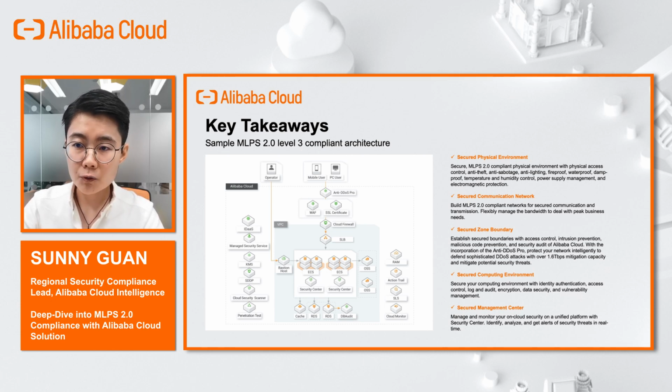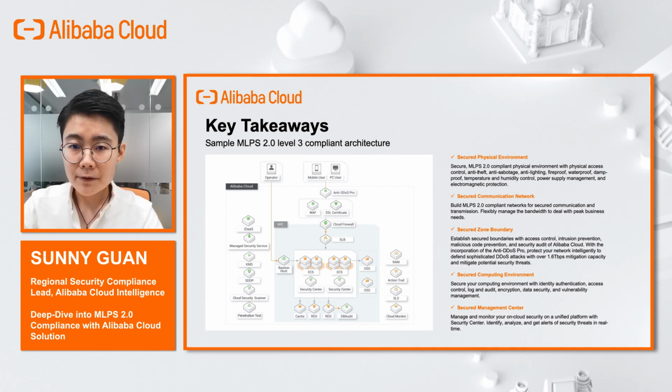You can also manage the bandwidth with flexibility to deal with peak business needs economically. Besides, you can also leverage security products such as WAF, Cloud Firewall, and Anti-DDoS to protect the boundary security, as well as the advanced encrypted computing and trust techniques to achieve a trusted computing environment to ensure the security of the computing environment.